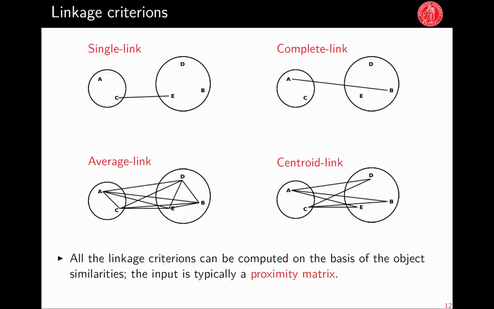So in practice, that means that the input to any of these bottom-up clustering methods isn't the actual objects themselves, but typically rather a proximity matrix computed for these objects prior to clustering.